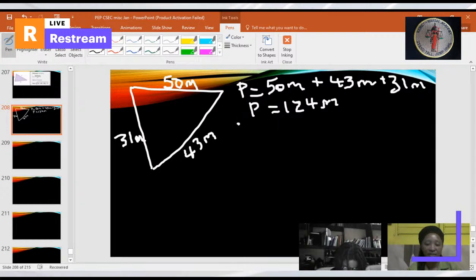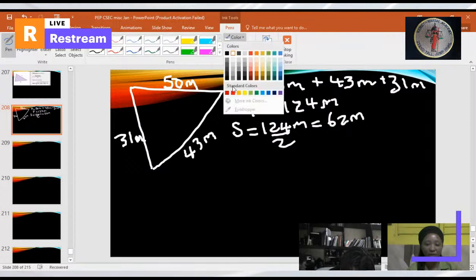So the semi-perimeter then would be, we divide 124 by 2, which would give us 62. So the semi-perimeter is 62 meters. Now, where do we go from here?